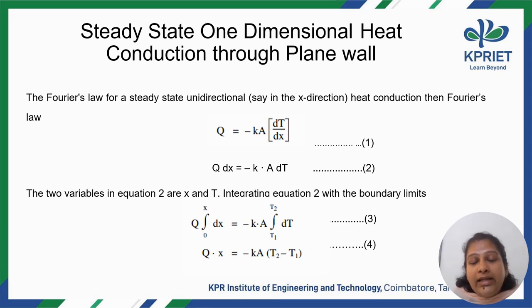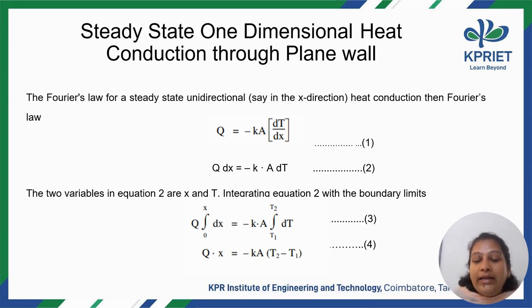Upon integrating the equation with respect to the boundary conditions, look into equation 3: the integration of dx is given by x and the integration of dT is nothing but T2 minus T1. The upper limit is T2, so the integration of dT will give you T, and substituting the limits gives T2 minus T1. We also have a negative symbol outside, near to minus k.